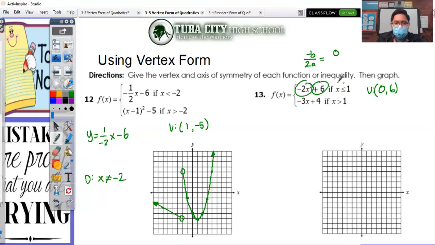I only have 2 terms, 1 and 2. 2a, and it doesn't really matter what this bottom number is going to be because 0 divided by anything is always going to be 0. So there we go. We know for sure that the axis of symmetry is going to be right along the y-axis. It's also going to be a negative number as well.